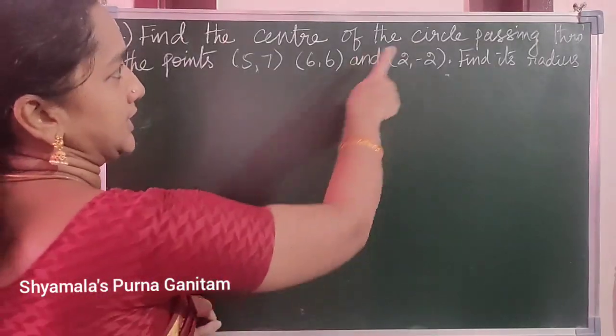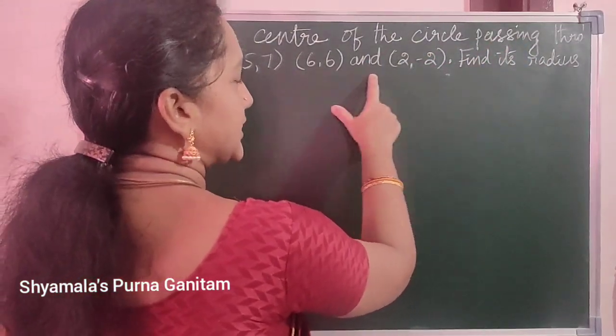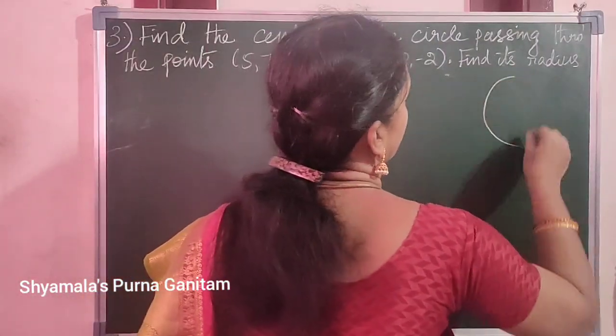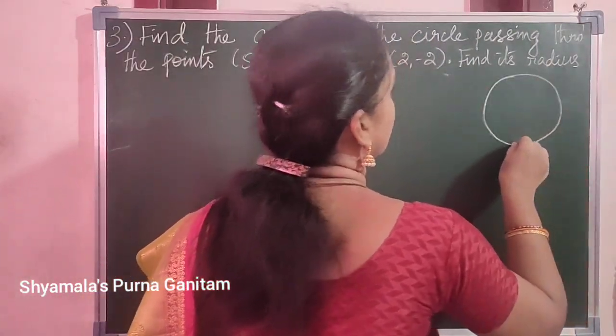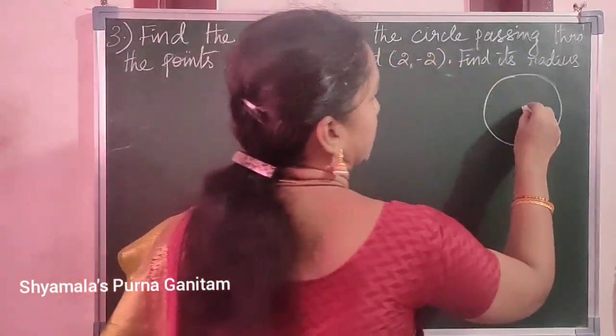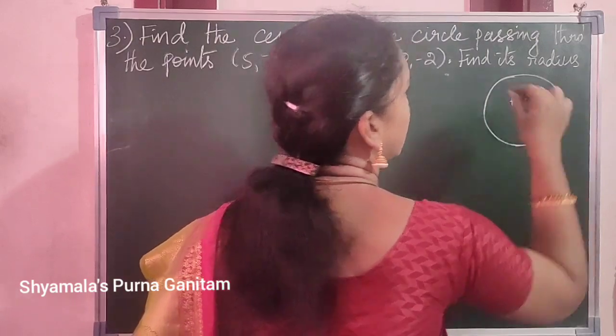Find the center of the circle passing through the points 5, 7, 6, 6 and 2, minus 2. Find its radius. So when you are drawing a circle, it is given that we must find the center of the circle, which is not given.